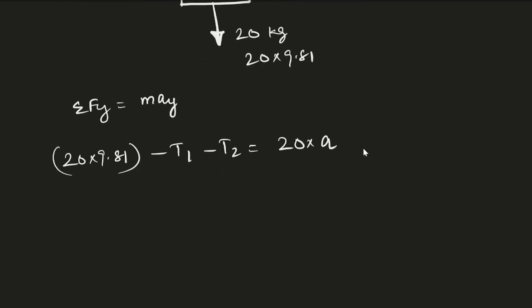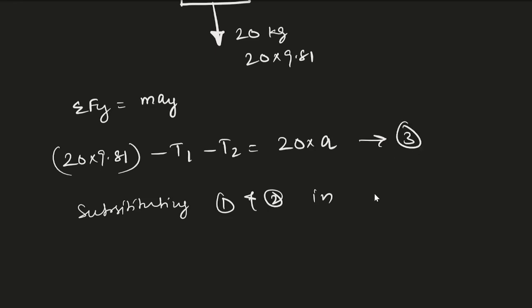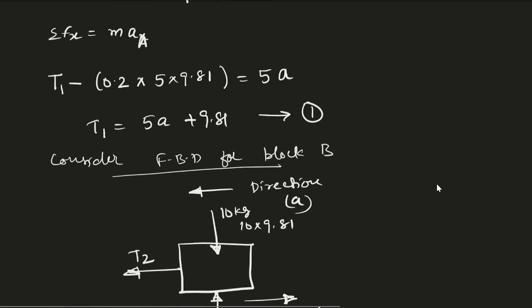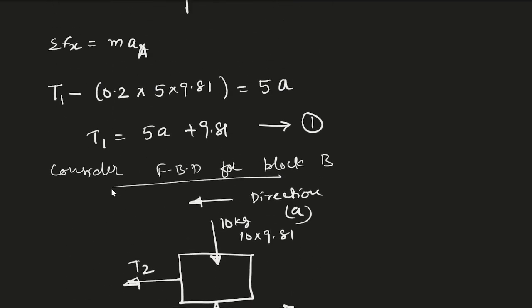Or else we can keep it the same and substitute the first and second equations into the third equation. Why are we substituting? Because we have a T1 equation and a T2 equation.